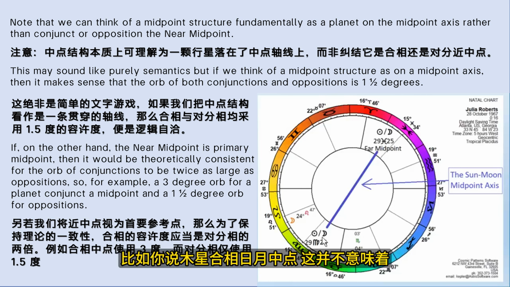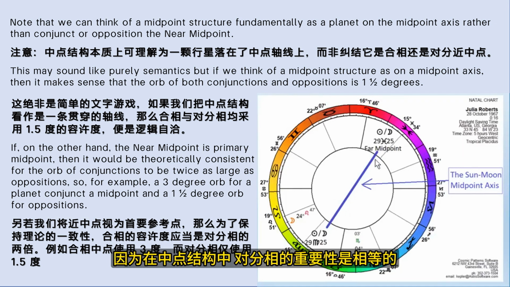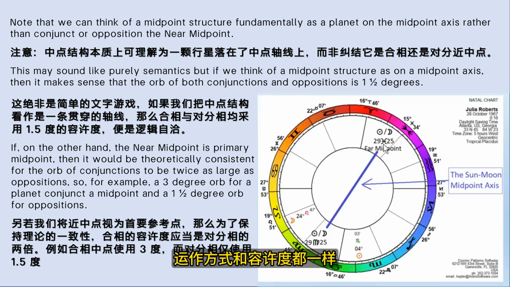So again, if we say Jupiter's conjunct the Sun, Moon midpoint, that doesn't mean it's like a conjunction in the same way as a conjunction between planets, because with midpoints the opposition is equal in importance and operates the same way and has the same orb. It's an orb to the axis. This is an axis, and both ends of the axis are equally important.